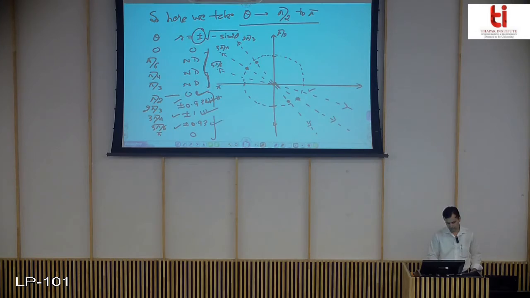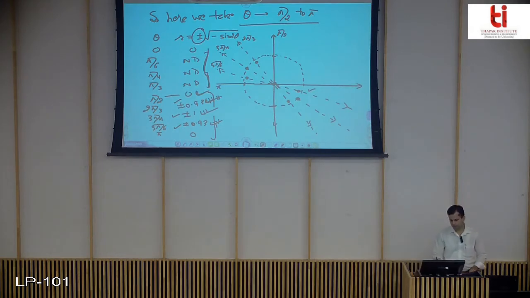Then 150: 0.93 is on the ray of 150, so it is somewhere here, and if 0.93 is negative for 150, it is somewhere here. So this gives you the points that we have taken from the table of theta and R.